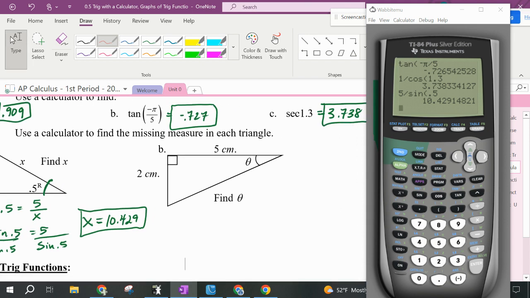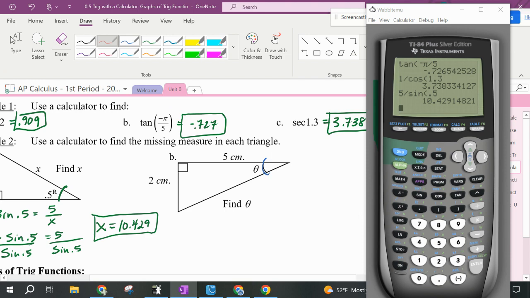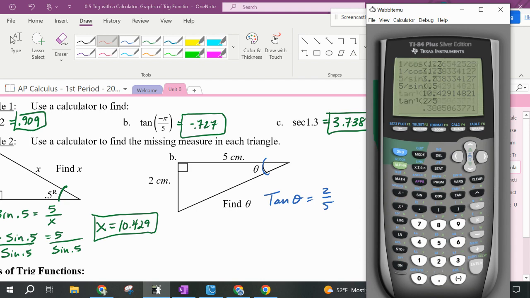All right, so this time we're looking for theta. What trig ratio are we using if we have the opposite and adjacent? Tangent. So tangent of theta is equal to 2 over 5. How do you find the angle? Good, inverse. And remember that notation: the inverse is notation, not an actual exponent, which is confusing, I think.